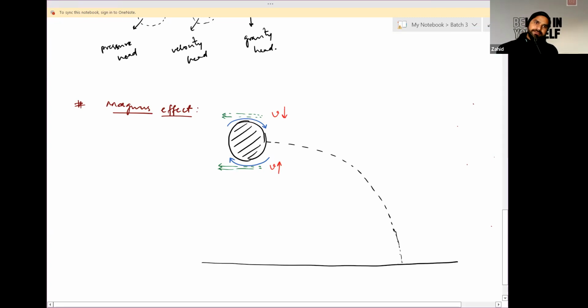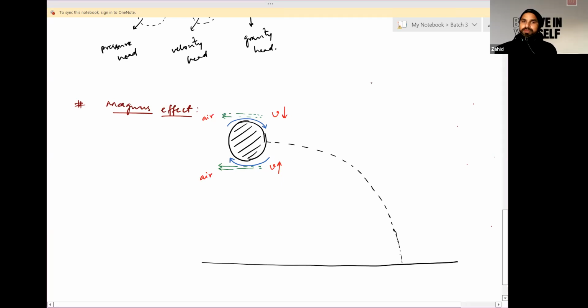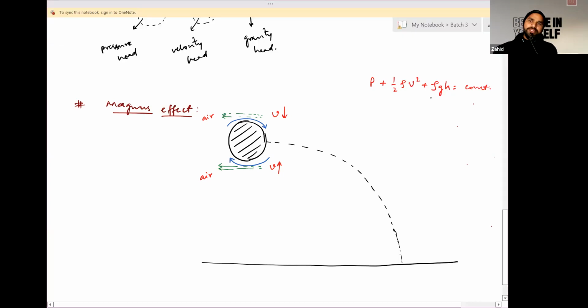Now, according to Bernoulli's principle, P plus half rho V squared plus rho g h is equal to a constant. In this expression, rho g h is due to potential energy.